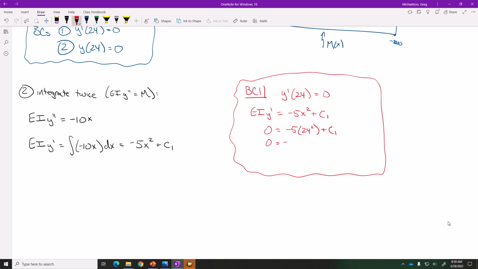So negative 2880 plus c1. c1 is 2880. So this equals negative 5x squared plus 2880. We can go ahead and just do that now, make it a lot easier on us.